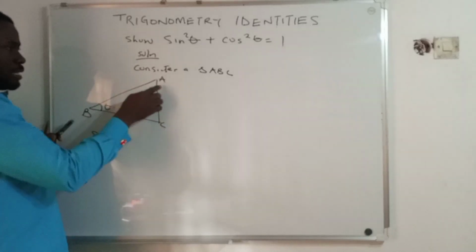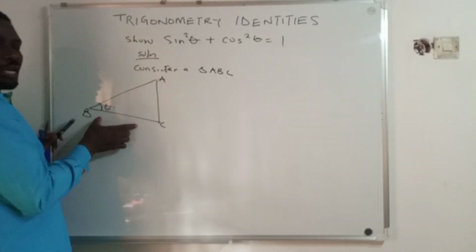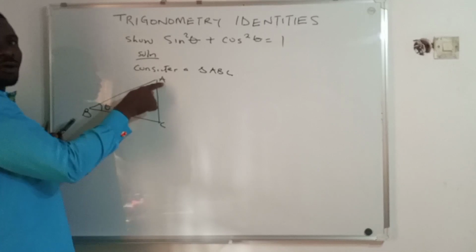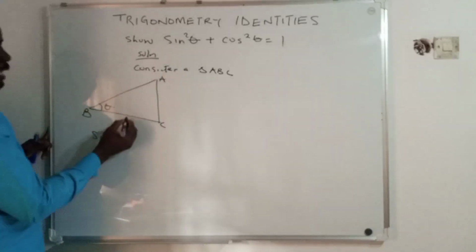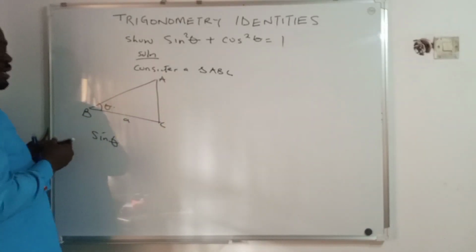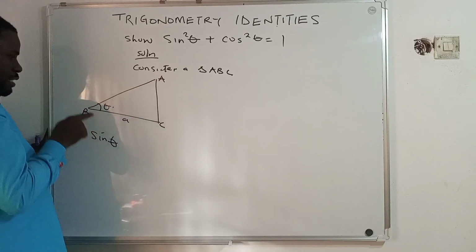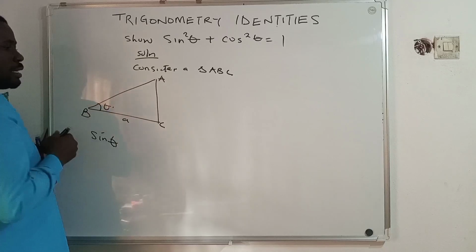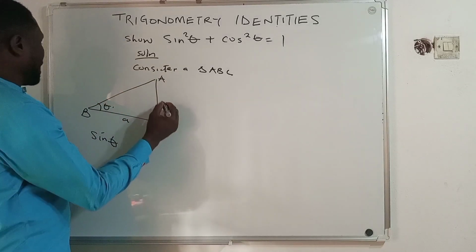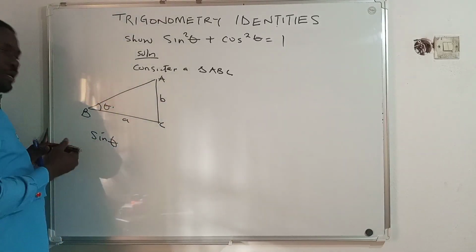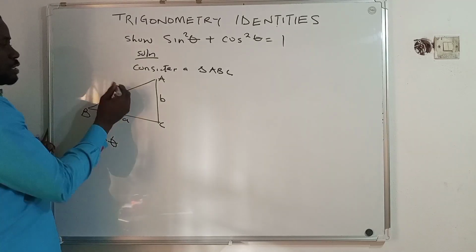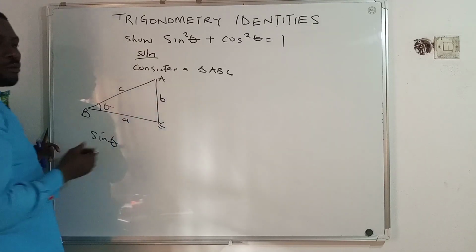Now, if this side BC is the side that faces the angle A, we can say let this be small letter a, and this side AC is facing the angle B. Let this side therefore be defined as small letter b, and then this side, let it be small c, where this one is capital C.